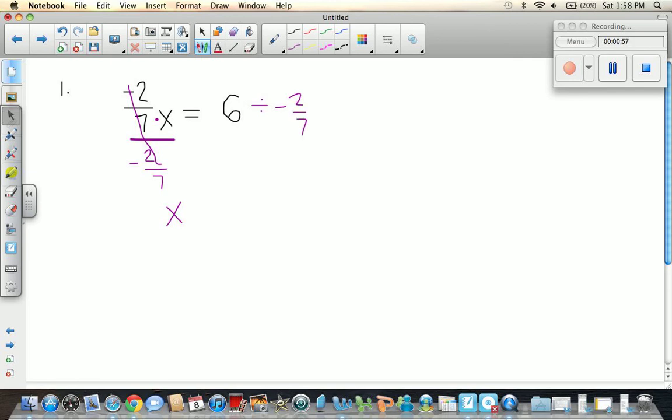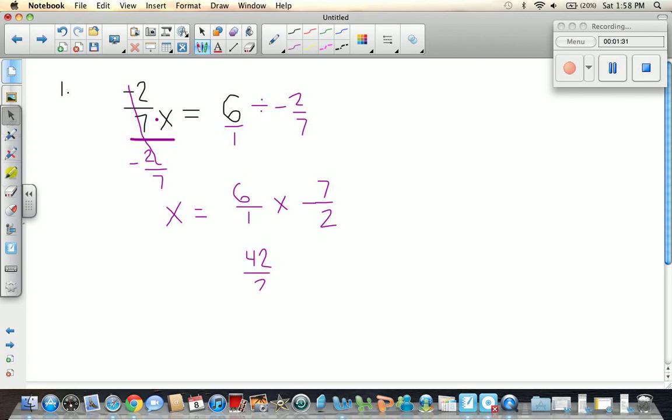Now when you divide by a fraction, what you have to do is you keep, you change, you flip. So you keep the 6/1 the same, you change the division sign to multiplication, and then you flip, and then we multiply 6 times 7, and we get 42.